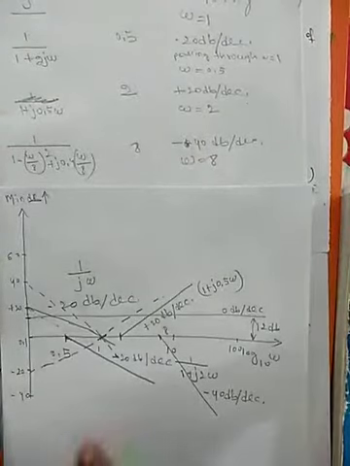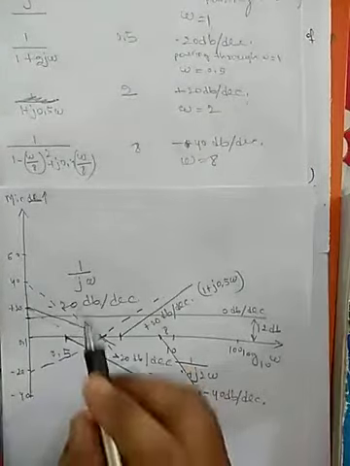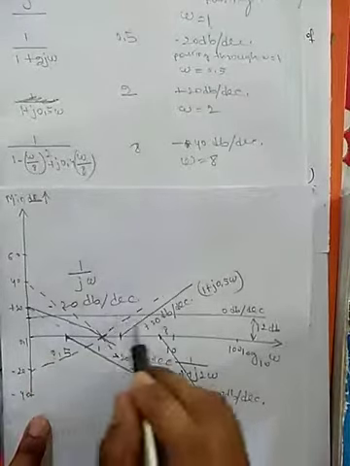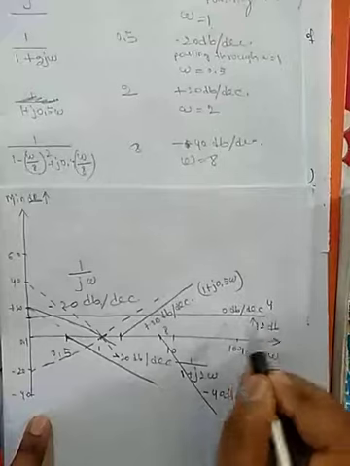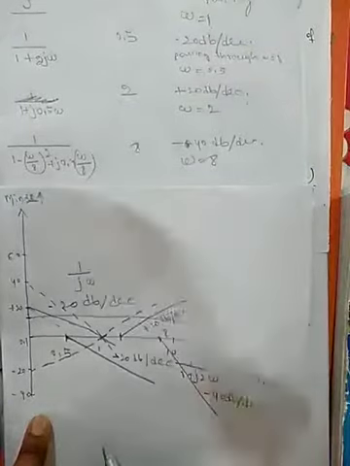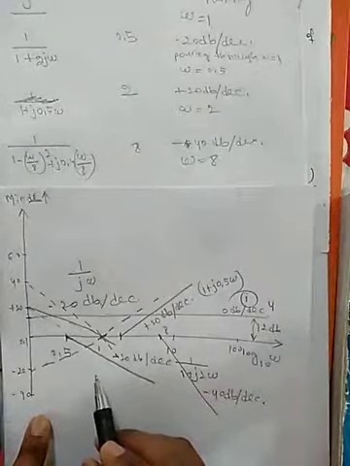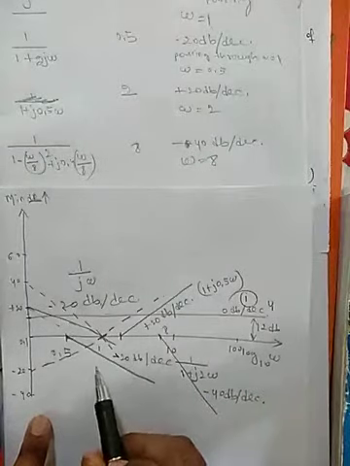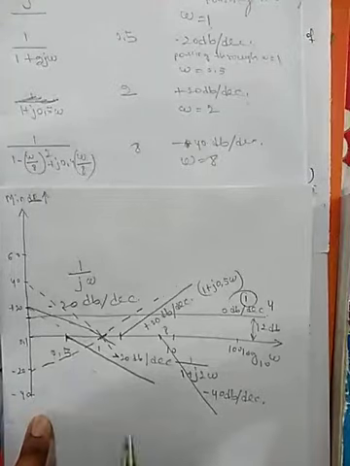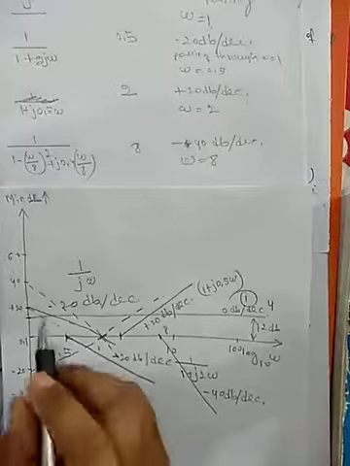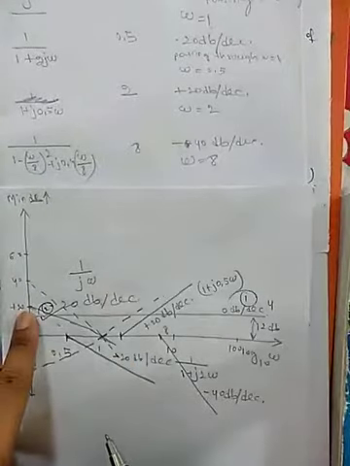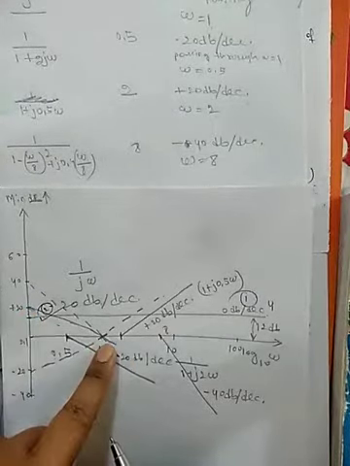So for all these 5 factors we get asymptotic lines. The constant factor 4 is 12 dB, this one the first one. The second one, for the simple pole at origin, has the slope of minus 20 dB per decade.